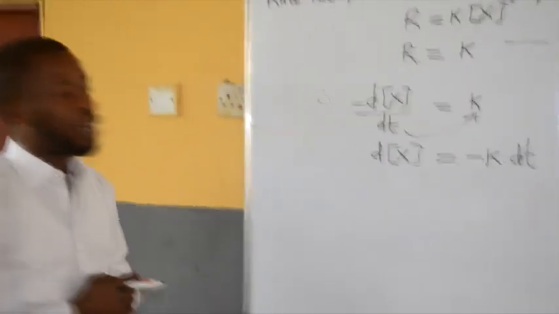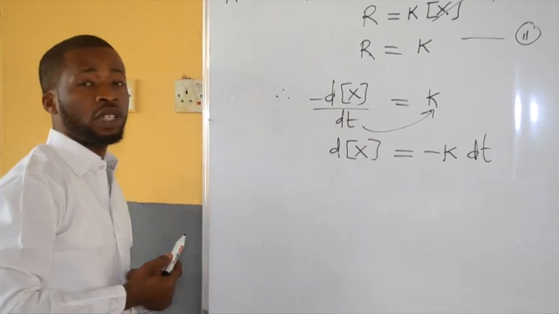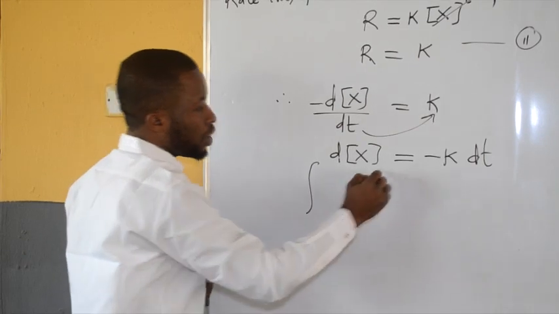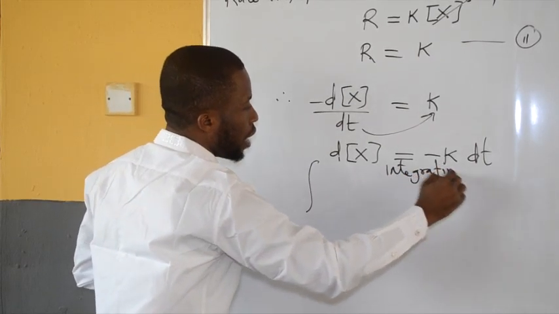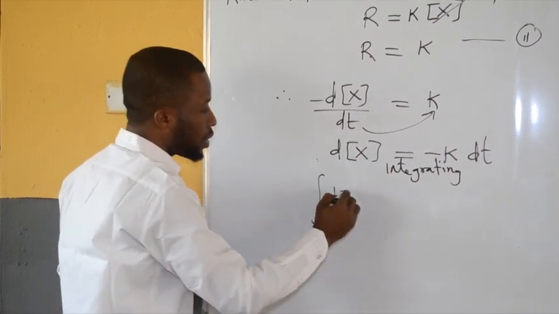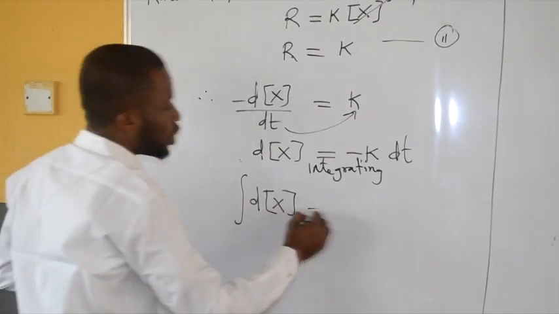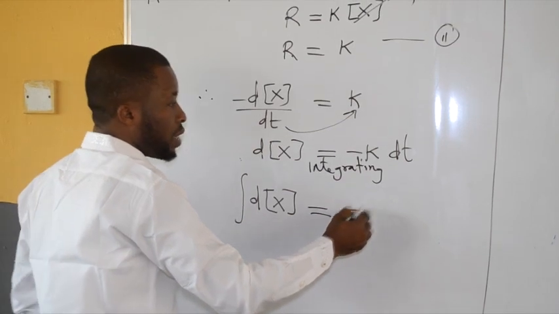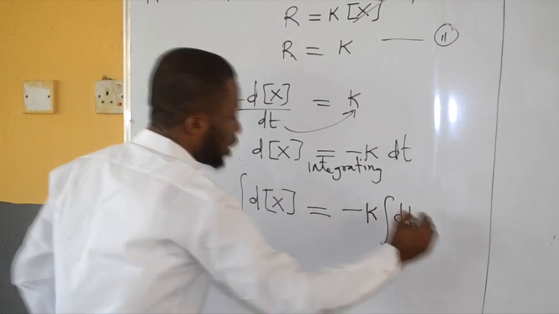So when I have a differential equation, the next thing to do is to integrate. I'll do that by introducing my integral sign, integrating both sides. So I'll have integral dx is equal to, we don't introduce the negative, so we integrate constant k, integral dt.